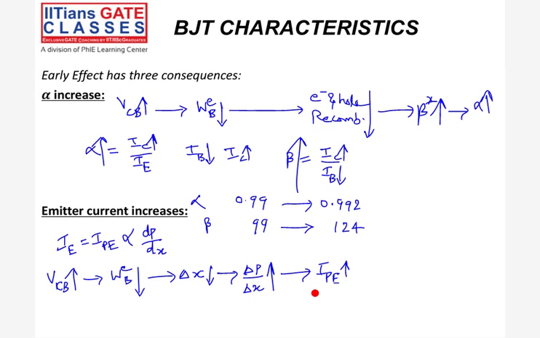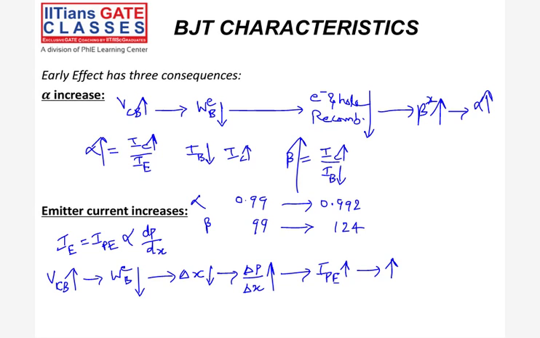If IPE increased, it means IE also increased. So we can see there is a small increment in emitter current, a very minute increment, but IC has more increment as compared to IE, because recombinations are reduced.